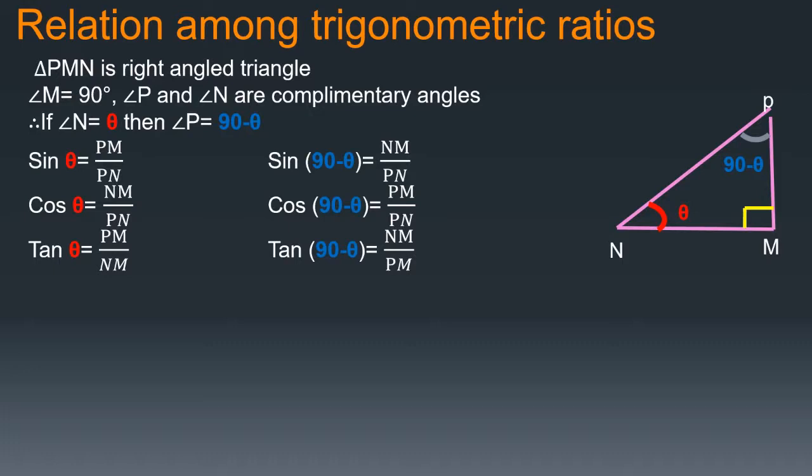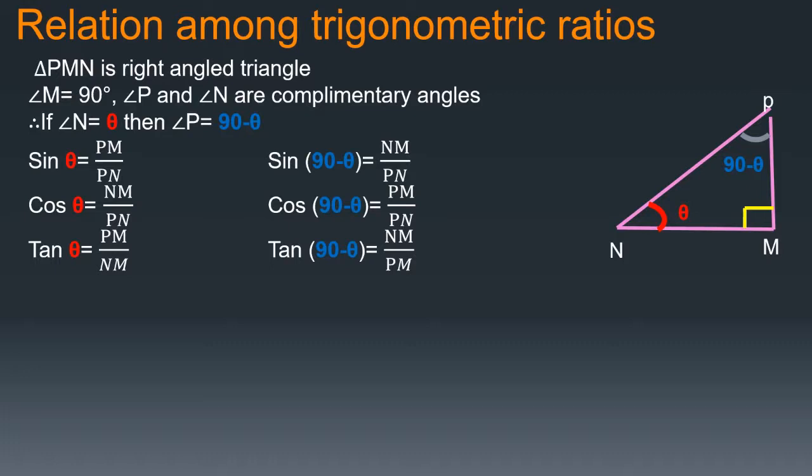As we can see, sin theta and cos 90 minus theta have equal ratios, that is Pm upon Pn. Similarly, cos theta and sin 90 minus theta have equal ratios, that is Nm upon Pn.